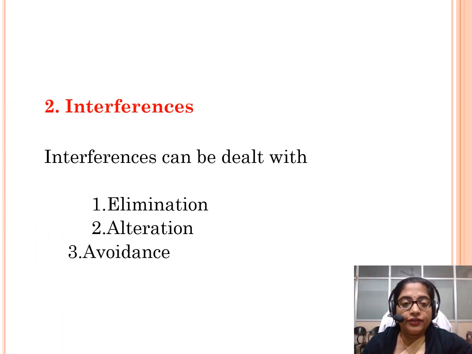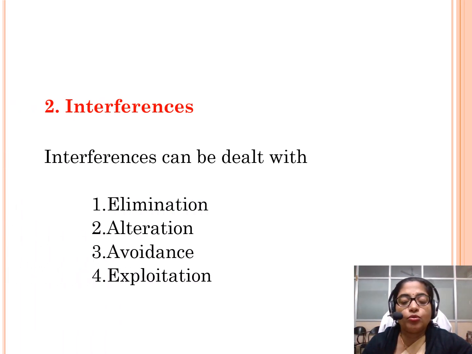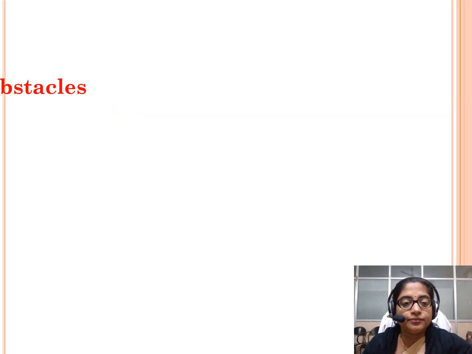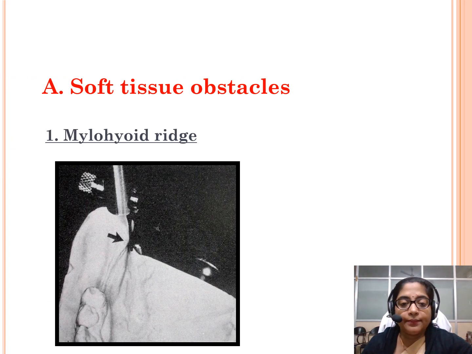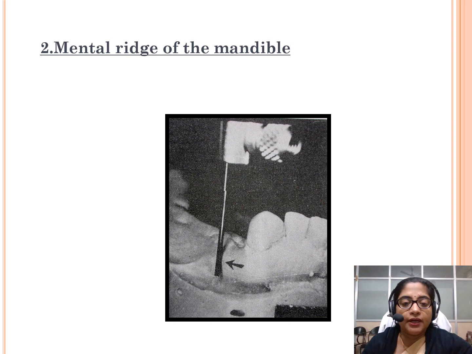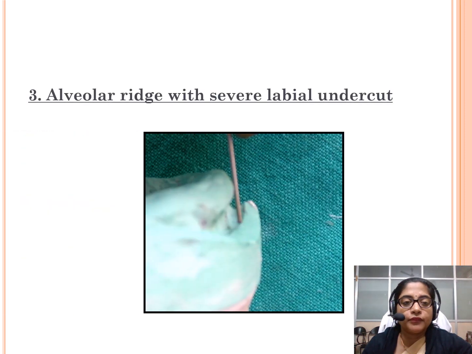Second, interferences. Now interferences can be bony exostosis, soft tissue undercuts, buccally tilted teeth, or lingually tilted teeth. All these are interferences. Now they can be dealt with using four strategies: elimination, alteration, avoidance, and exploitation. For example, as you can see here, soft tissue interference in the form of the mylohyoid ridge. Then the mental ridge of the mandible, you can see in the figure.